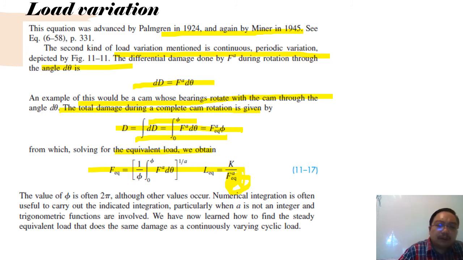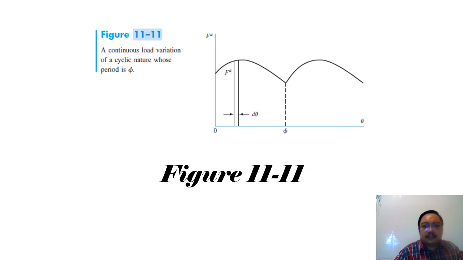The value of D often goes to pi, and numerical integration is often useful to carry out the indicated integration. You have now learned how to find the steady equivalent load that does the same damage as a continuously varying cyclic load. This is the continuous load variation for cyclic load, where the angle is theta.